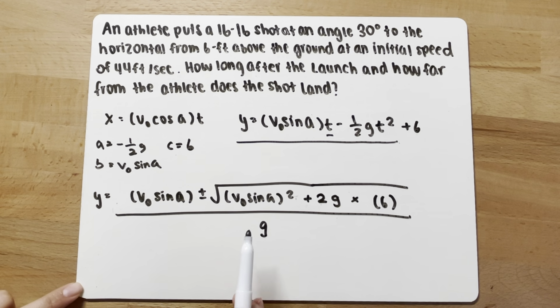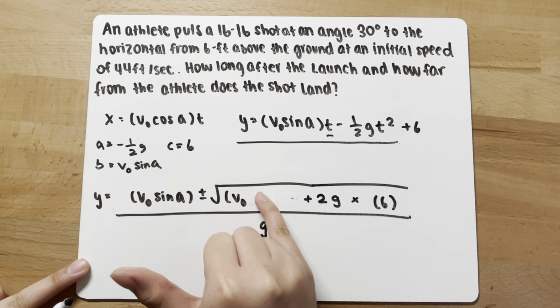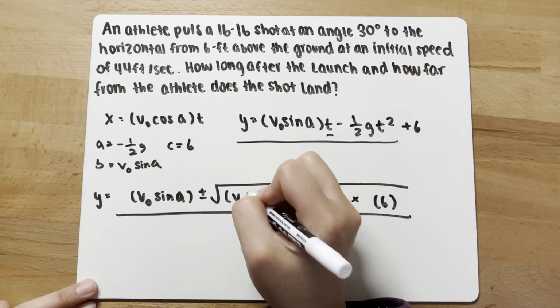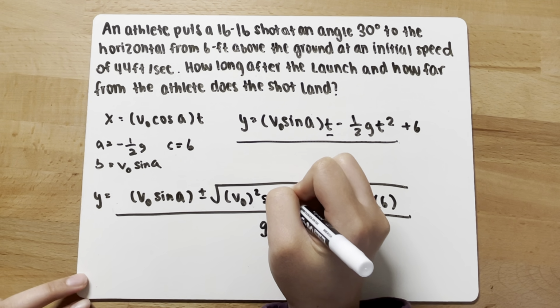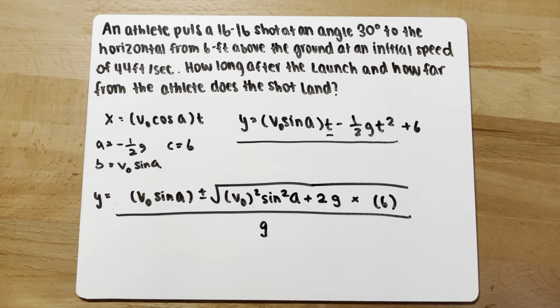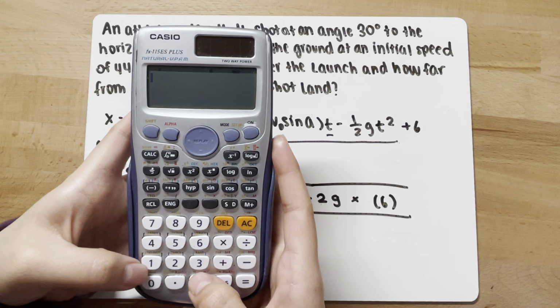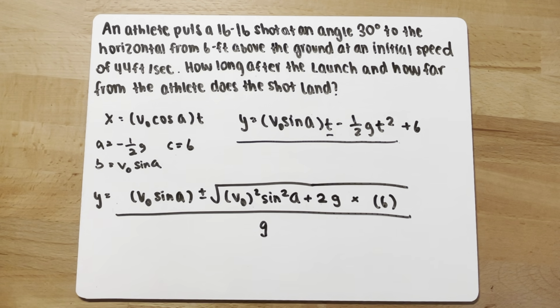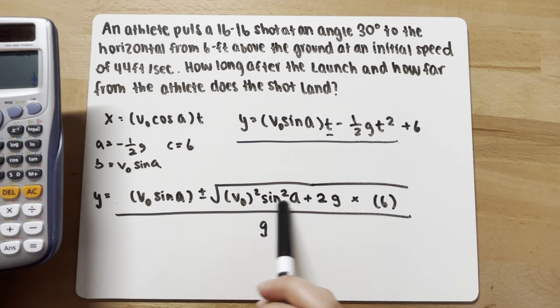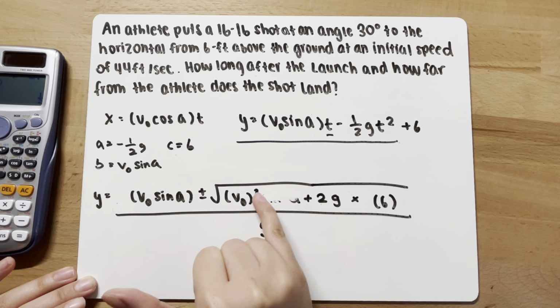So what you will get is v squared sine squared a. So we know that the angle is 30 degrees, so sine 30 is 1/2, right? But you want to square 1/2 because the sine is squared. So let me simplify this one more time.